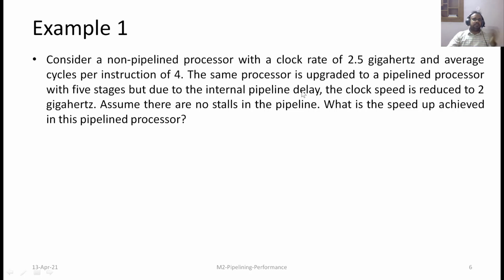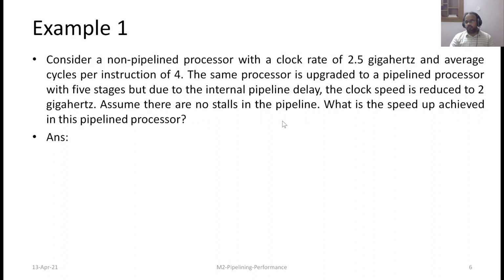Now the same processor is upgraded to a pipelined processor with 5 stages, but due to the internal pipeline delay, which might be the impact of the pipeline registers, for example, the clock speed is reduced to 2 gigahertz. It means that it has dropped from 2.5 to 2 gigahertz. Now, if we assume that there are no stalls in the pipeline, what is the possible speedup that can be achieved with the new processor?